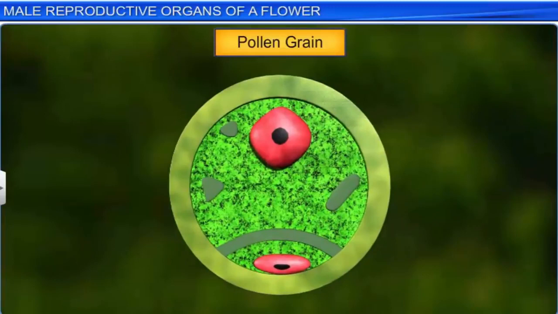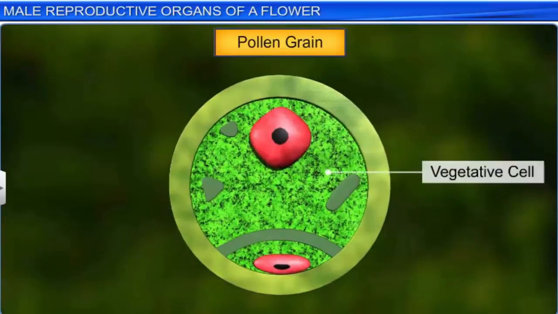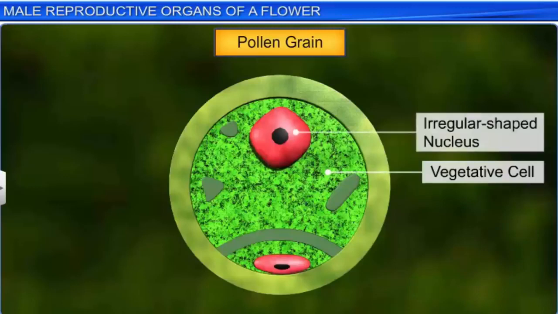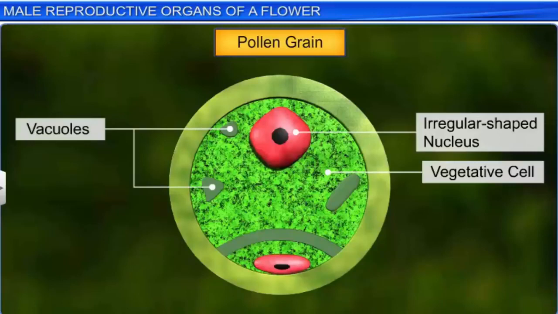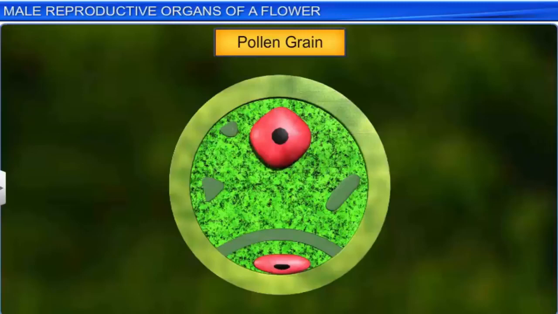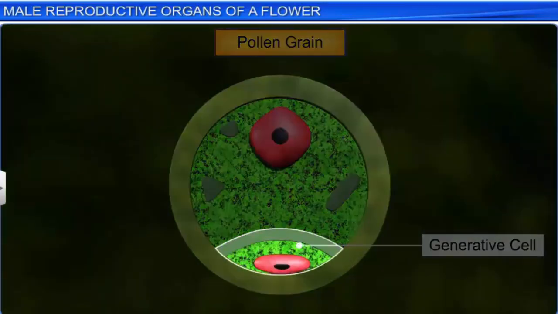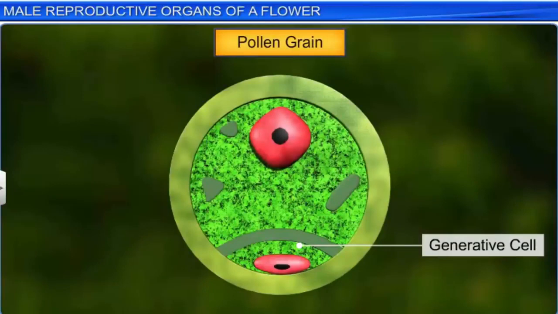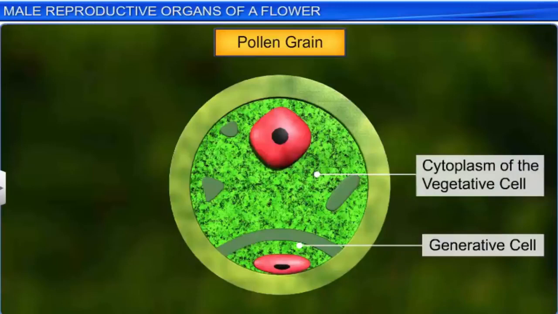The larger cell, known as the vegetative cell, is characterized by a large irregular-shaped nucleus, vacuoles, and abundant food reserves. While the smaller cell, known as the generative cell, is distinctly spindle-shaped and possesses dense cytoplasm. Moreover, the generative cell floats in the cytoplasm of the vegetative cell.